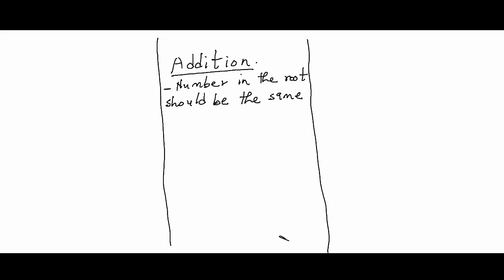For example, you can add square root of 2 and 3 root 2. But you cannot add square root of 2 and 2 root 3.